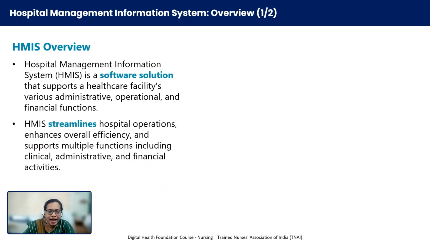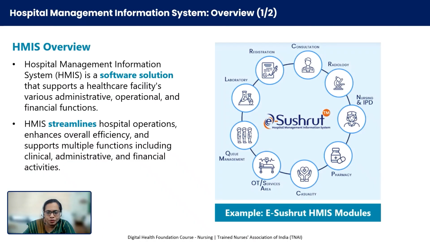One example we have in India is e-Sushrut. It's an HMIS platform that brings together several key hospital modules such as patient registration, doctor consultation, lab services, radiology, nursing documentation, pharmacy, and more, all on a single system.